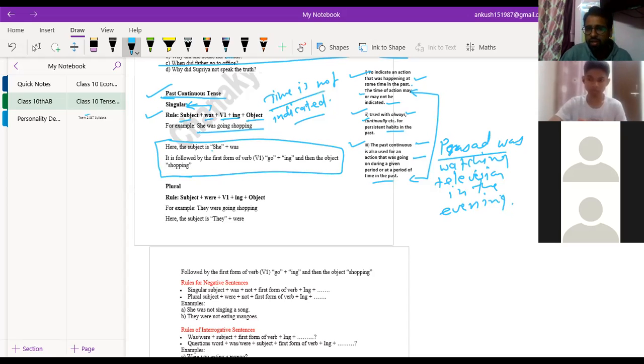Time is not indicated sometimes in the past continuous tense, but it is very easy to understand what past continuous tense is. In simple words, if you want to remember it, just keep in mind that past continuous tense is used whenever we have to refer to an action which was going on at a particular time in the past. Got it? Okay.